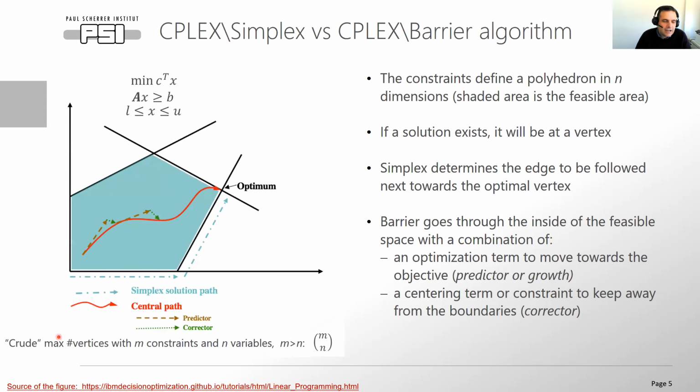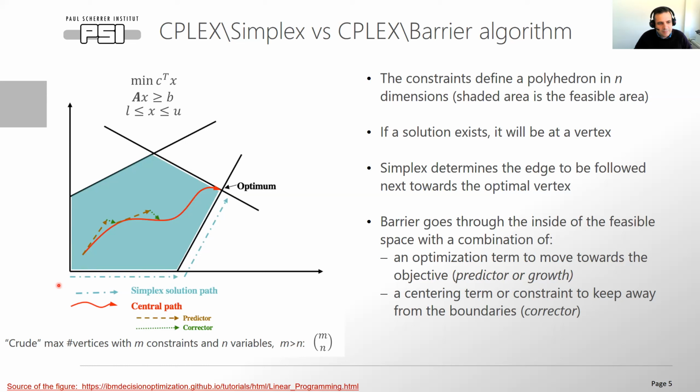So a few words about what is the difference between Simplex and Barrier. Probably we are all familiar with how linear programming optimization works. We have learned that when we are using the Simplex algorithm, the constraints of our models form a feasible area where the optimal solution is found. And according to the theory, the optimal solution should be in one of the vertices of this polyhedron.